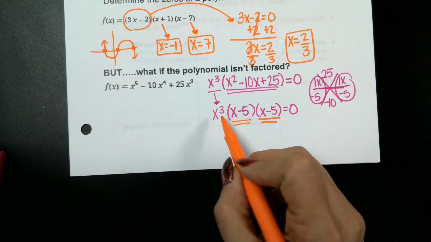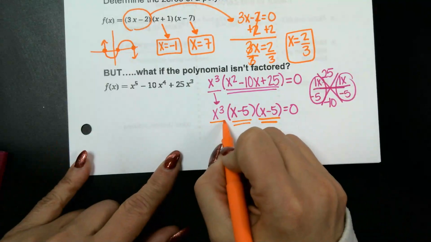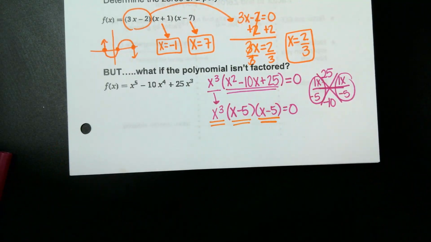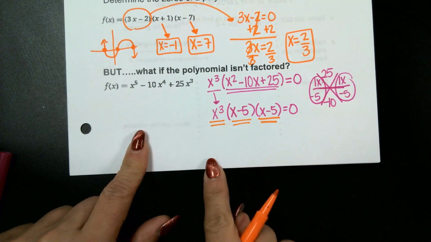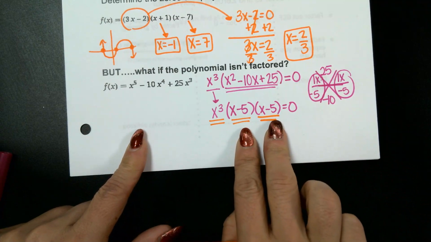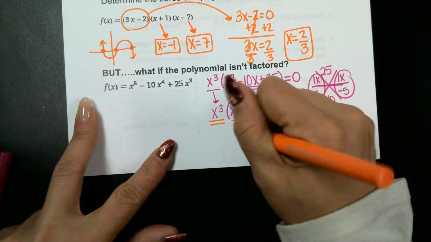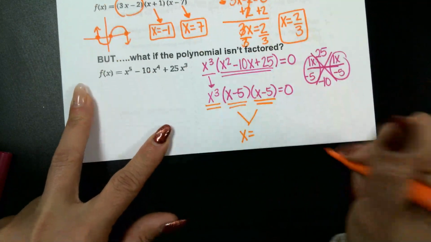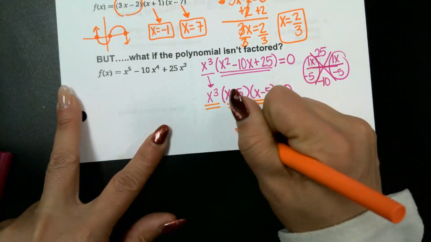This is not a number though, this is a letter. So I'm going to have to set whatever is out front equal to 0 as well. We are going to get one answer here, one answer here, one answer here. Now these two are both going to give me the same answer, won't they? These are both going to give me x equals what? Positive 5.